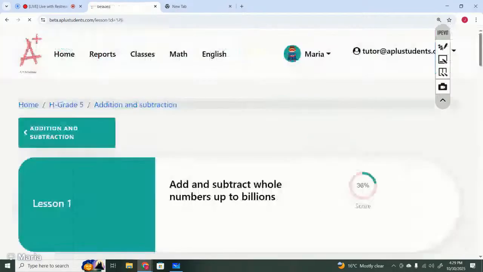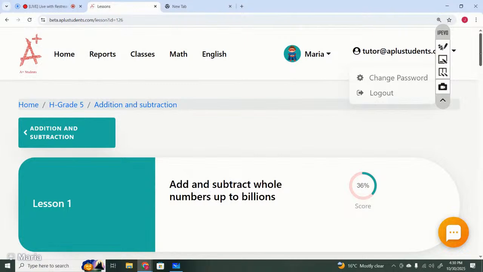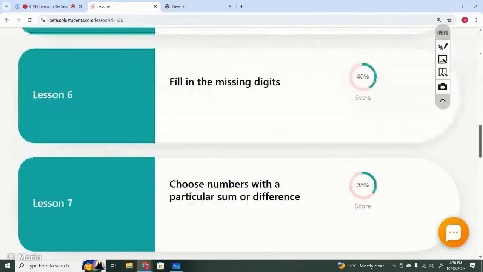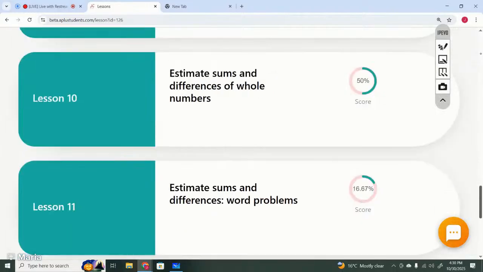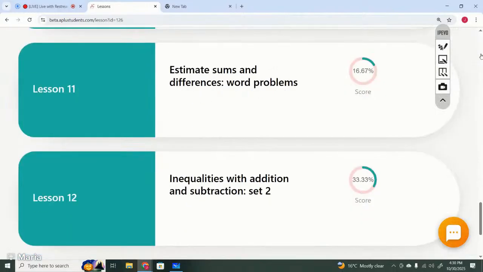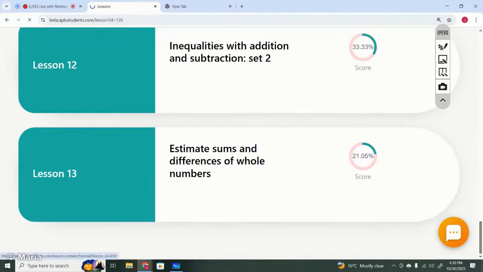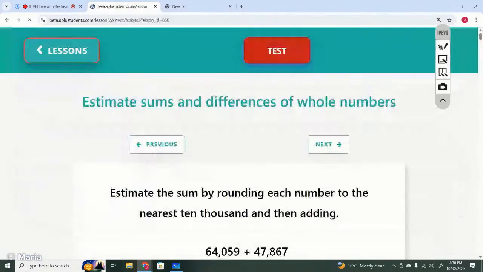The next lesson is estimate sums and differences of whole numbers.